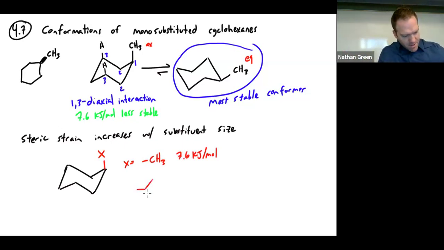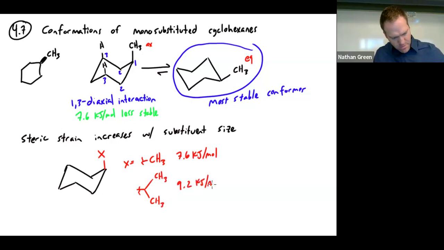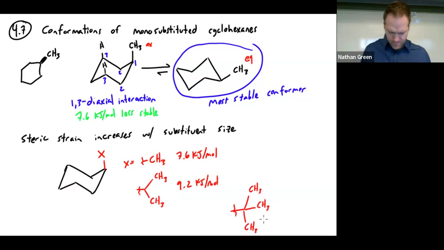If that goes from a methyl to an isopropyl, it costs 9.2. And if we take that up to a T-butyl, it's 22.8.